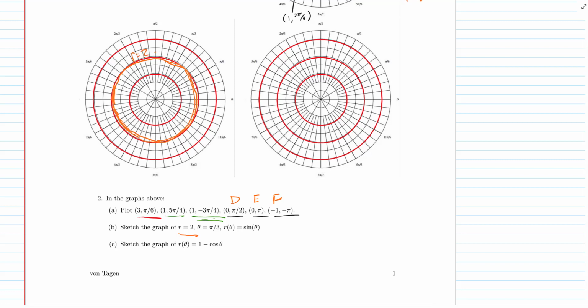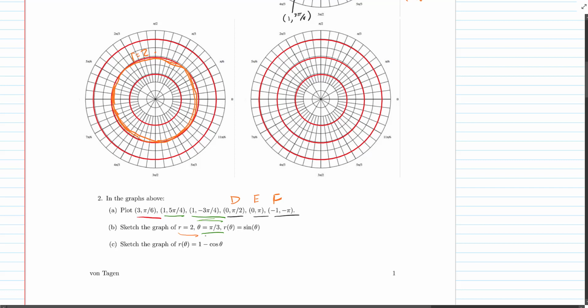Okay, let's do the graph of theta equals pi over 3. That says that regardless of our choice of radius, the angle that we must always go out is pi over 3. So for example, we could go out the radius of 1 and then move up to the angle pi over 3. Or we could go out to the radius of 2 and rotate up to the angle pi over 3. Or we could go out the radius of 3, rotate up.